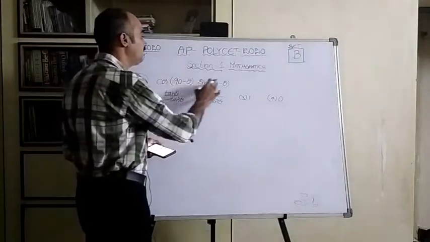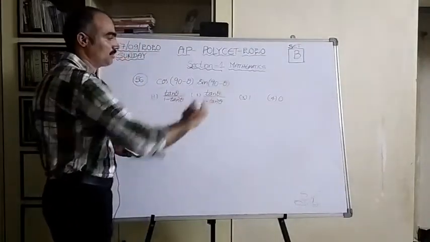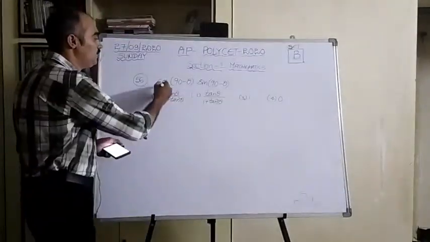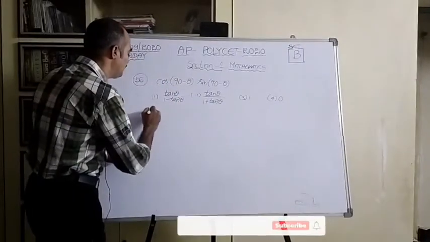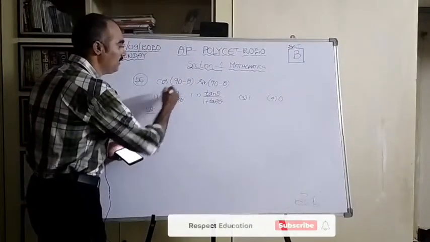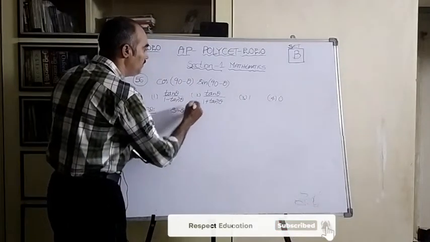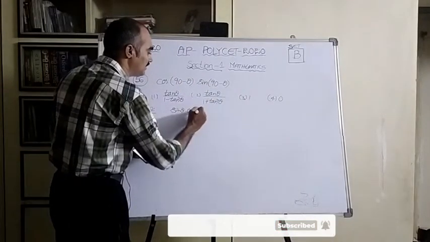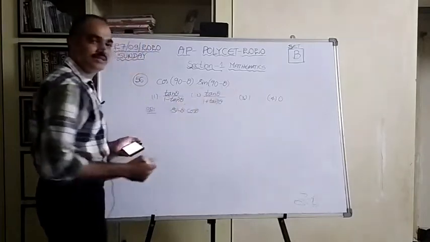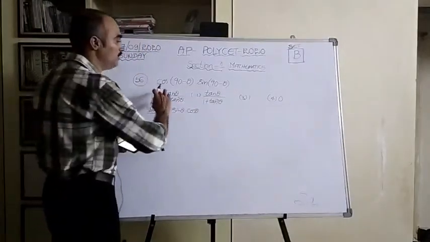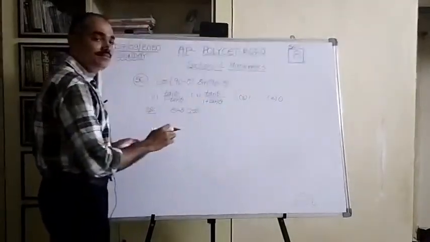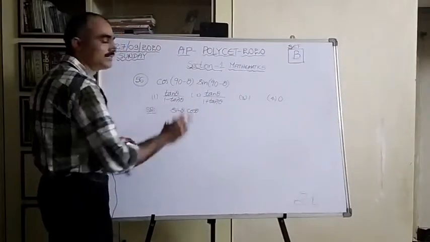Cos 90 minus theta into sin 90 minus theta, 4 options are given. As you know, these are complementary angles. Cos 90 minus theta is sin theta, and sin 90 minus theta is cos theta, but that is not there in the options. So we need to simplify each option to suit sin theta and cos theta.